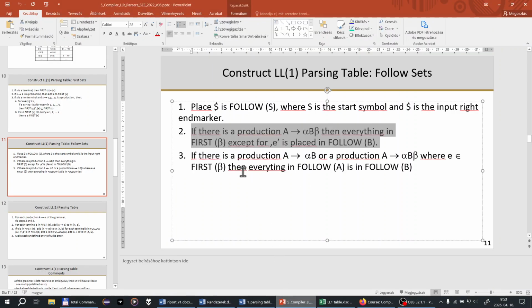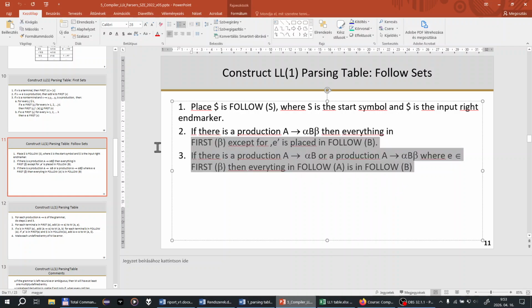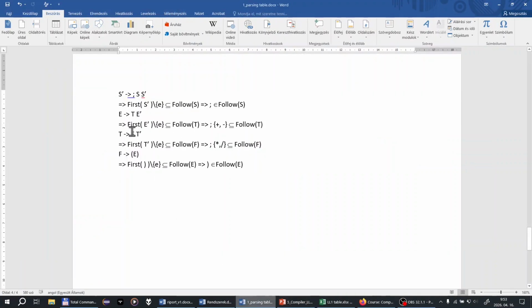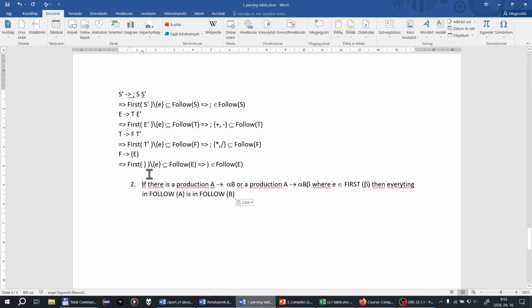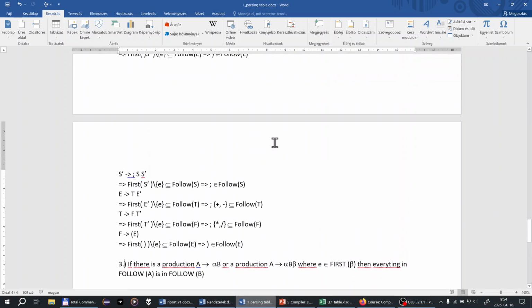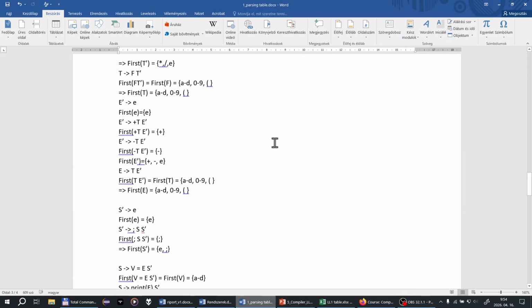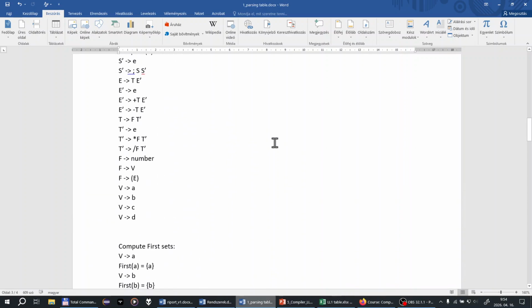We have another rule that if we have a non-terminal at the end, or followed by something which can be eliminated because E is in its first set, then the first set of one is included in the first set of the other.